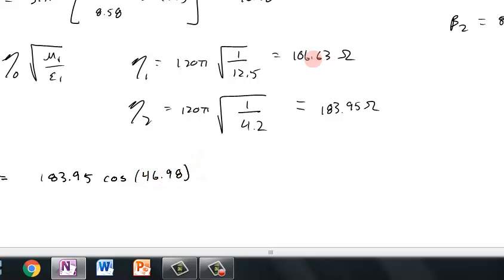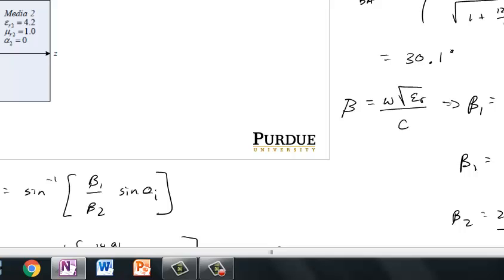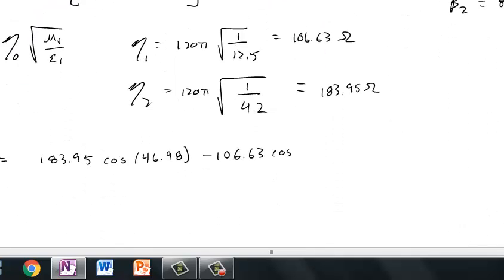We subtract off eta 1, which is 106.63 ohms, multiplied by the cosine of the angle of incidence, which in the problem statement is given as 25 degrees.